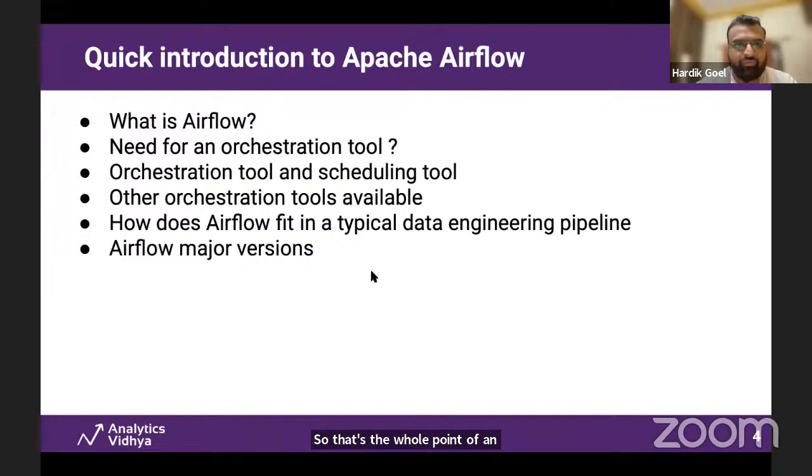Let's move forward. So what's the difference between an orchestration tool and a scheduling tool? We already talked enough about the orchestration tool here. Now let's take a brief glimpse into the scheduling tool. Think of it as a typical cron job. Those of you from an IT background must be aware of the cron job.